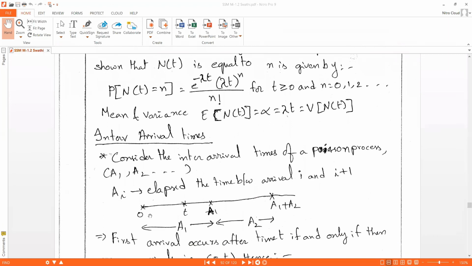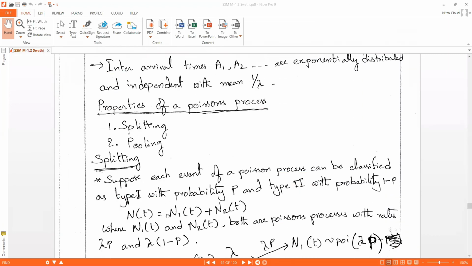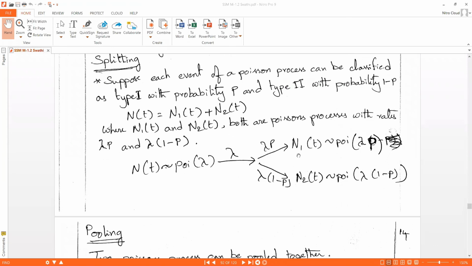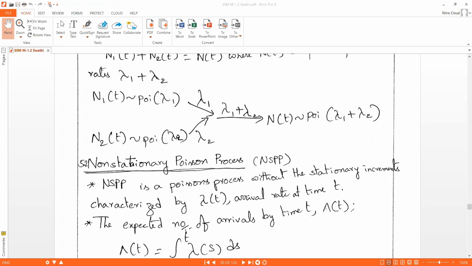Next we have here interval times, probability of Poisson process, that is splitting and pooling. Splitting is nothing but splitting it. Pooling is pooling it together as a single thing.